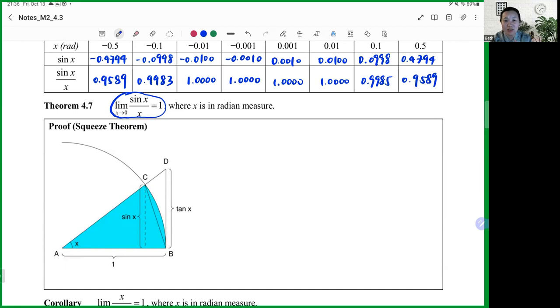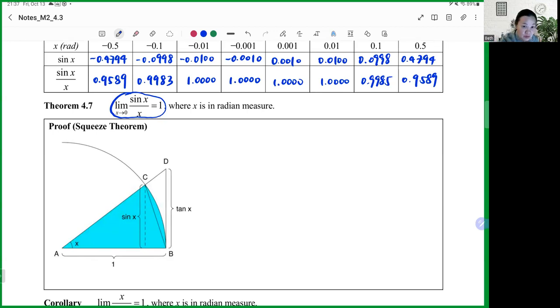I will use the geometric meaning of x, which is a ratio, sine x, which is a ratio, and tangent x, which is also a ratio, to geometrically deduce that this limit is 1. It's a new thing, not part of the syllabus. You will not be required to solve a problem similar to this, but it's something that you need to learn from math.